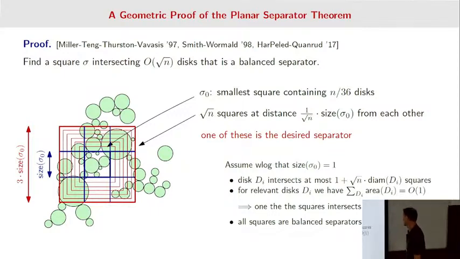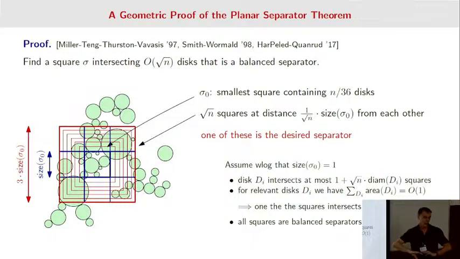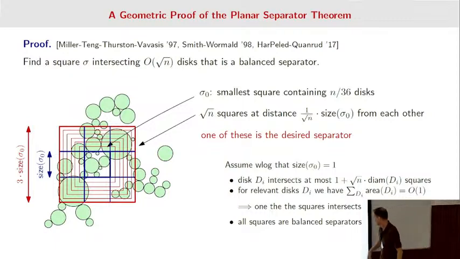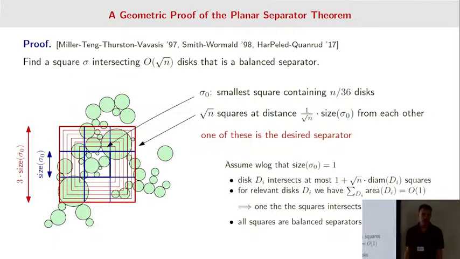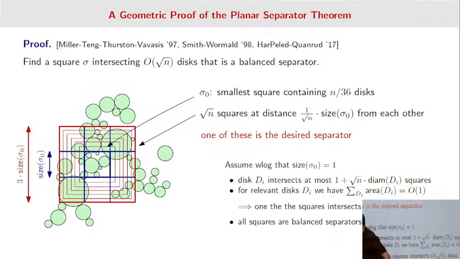You simply use the fact that if you look at all these disks, and let's forget about the really big ones, of which there's only a constant number, then if you sum the areas of the disks intersecting any of these things, that will be a constant.